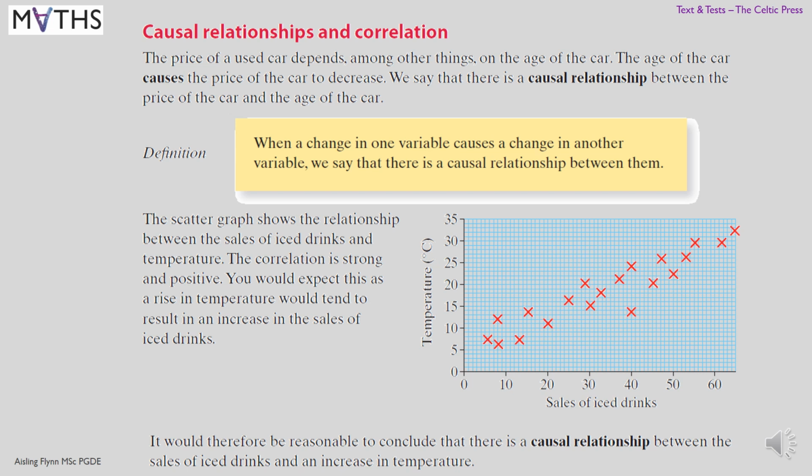Now, something we have to consider is just because they look on a graph as if they're related doesn't mean that they are necessarily, and this is called causal. It comes from what causes the change in one other. Okay, so let's read this. The price of a used car depends, among other things, on the age of the car.